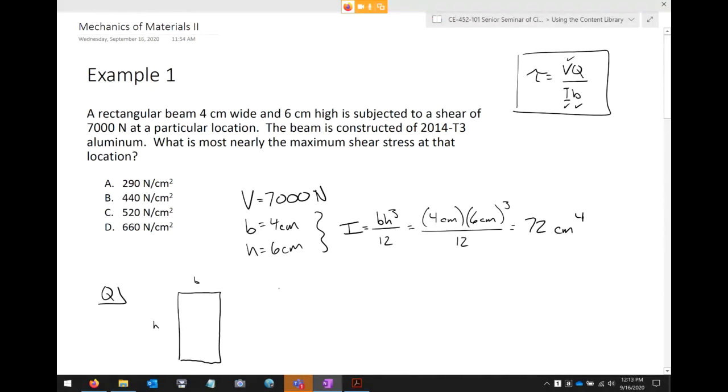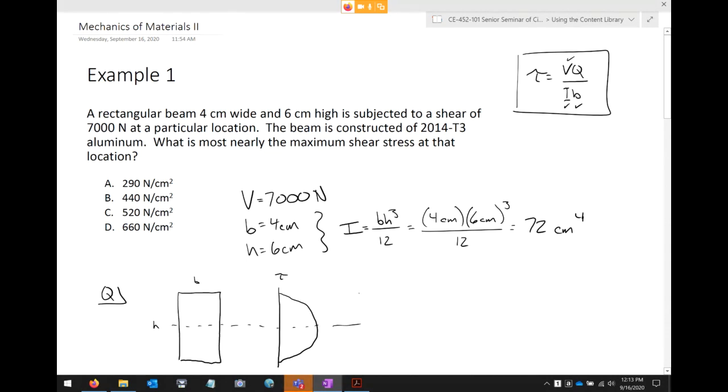Now, first off, I am sort of maybe cheating a little bit by understanding right off the bat that whenever I have a beam, like 99 times out of 100, the maximum shear stress is going to be in the middle. This is about what the shear stress profile looks like.